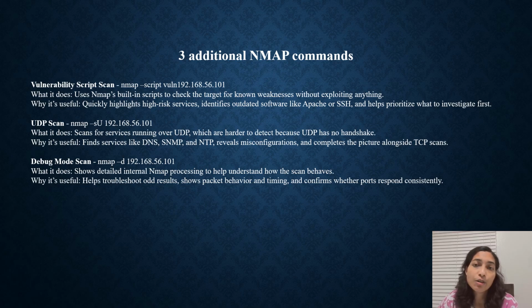It's really useful when something looks off, or when I want to confirm that ports are responding consistently. So these three give me a solid foundation for identifying vulnerabilities and forming my flaw hypothesis.